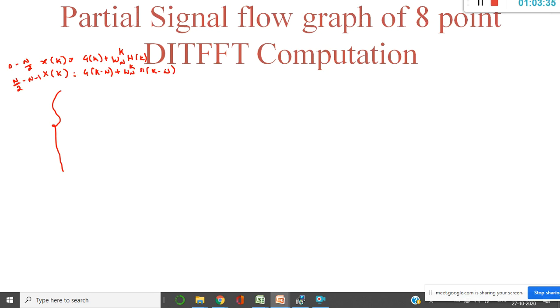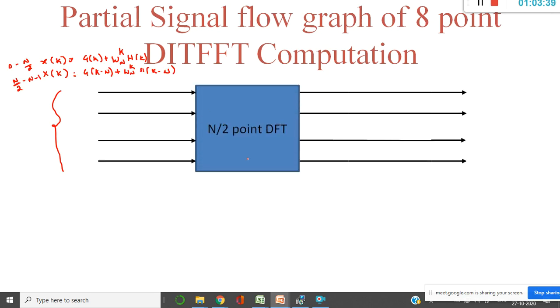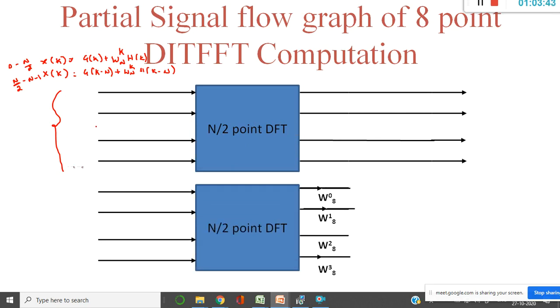So this is what we do, right? 50% of the sequences are divided as odd sequence and 50% as even sequence. For the n by 2 point DFT, I take the even sequences here, which is nothing but g of r that is going to be performed, and here the odd sequences x of 1, x of 3, x of 5, x of 7.